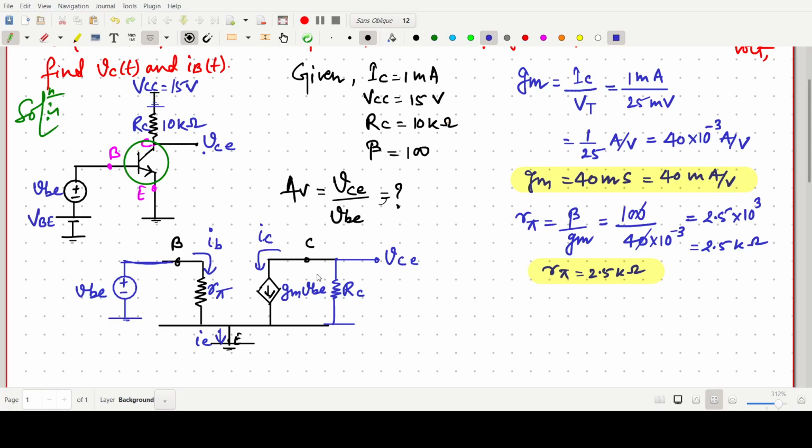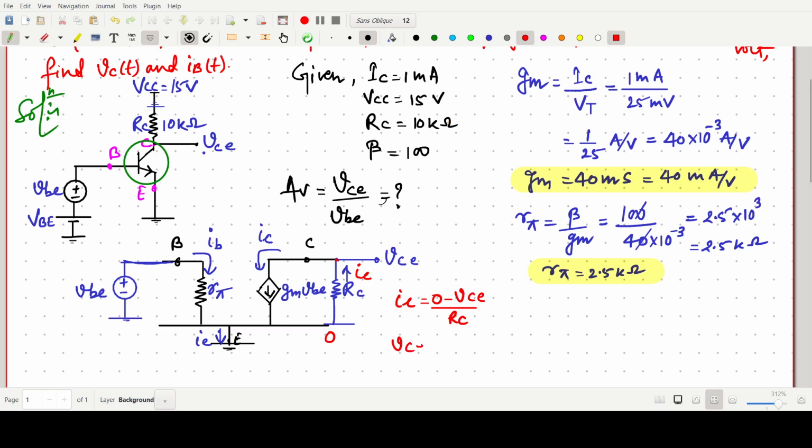So this current, what should it be? Basically this current is our IC. This one has zero potential and this one has VCE. So IC can be written as, the current is flowing like this, 0 minus VCE by RC.